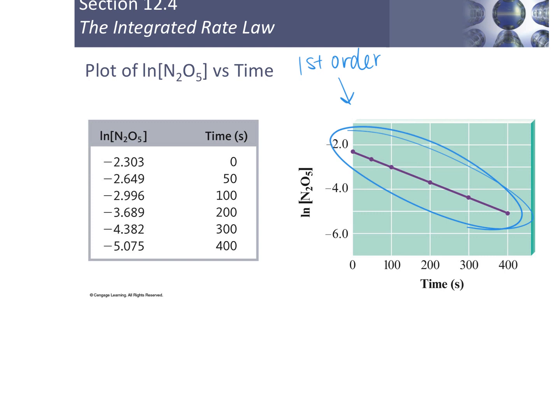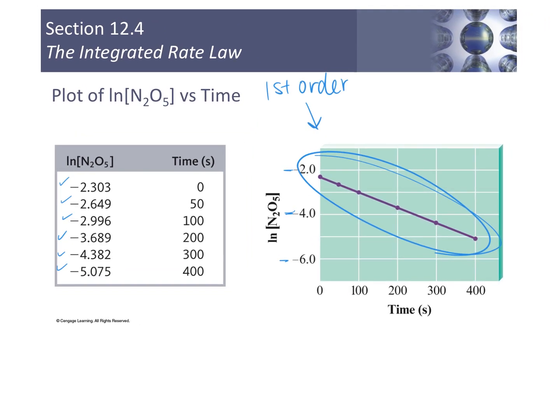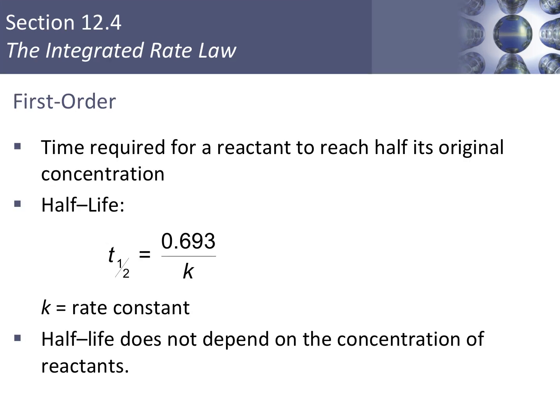Here they've already done the calculation for the natural log, and it's getting bigger in the negative direction. So it's important that the graph we see is a negative slope in a straight line. If it gave you just the graph and asked what order the reaction is, we know that first order reactions have a negative straight slope.